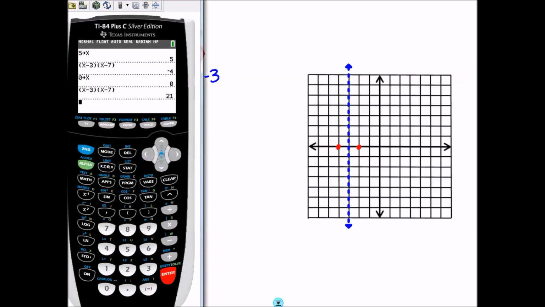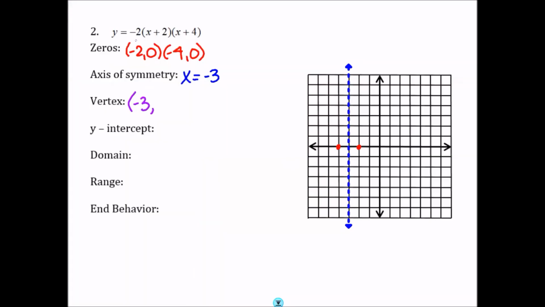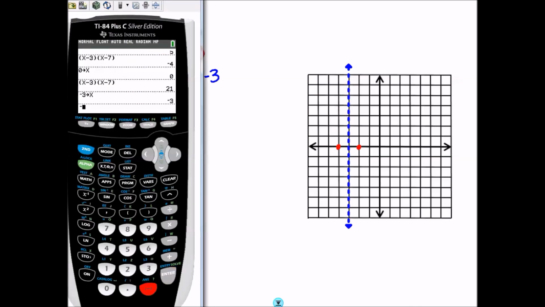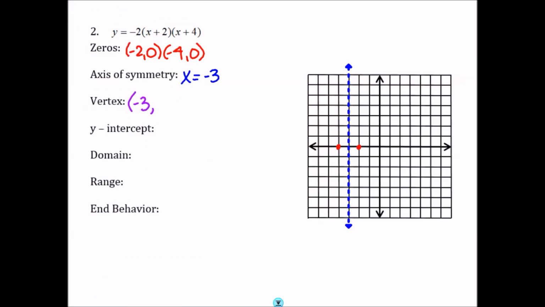And either way, let me just remind you that you need to type the whole equation in. So our whole equation is -2 times x plus 2 times x plus 4. So you need to remember to put the -2. And you get 2. So our vertex is (-3, 2).